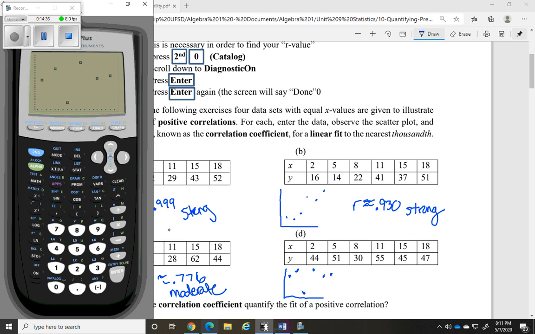Let's see what the correlation coefficient looks like. We go over to calc and we do a linear regression. Oof. See how close it is to 0? It really is pretty much a no correlation. 0.133.